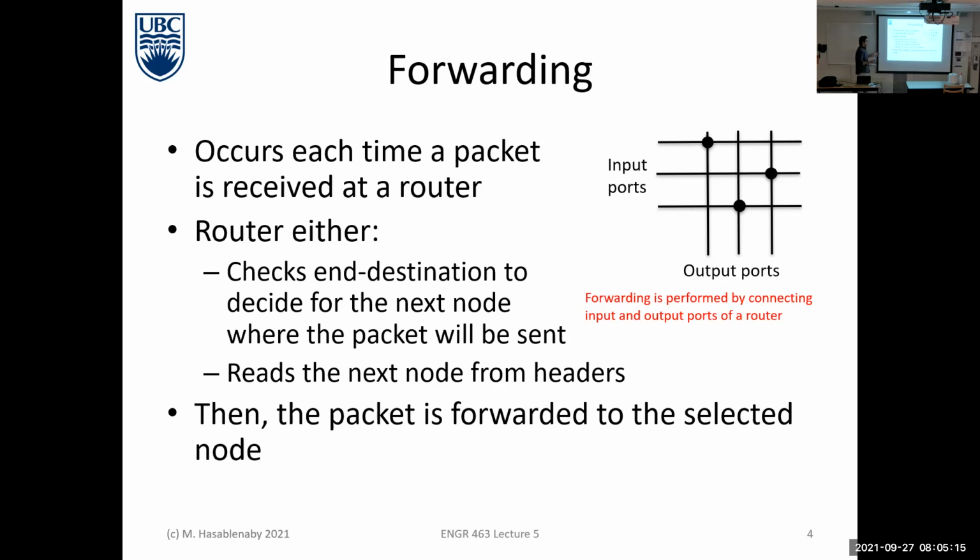So we have the input ports of the router connected to the output ports of the router. Once the router receives a packet at one of the input ports, it will output your packet through one of the output ports.